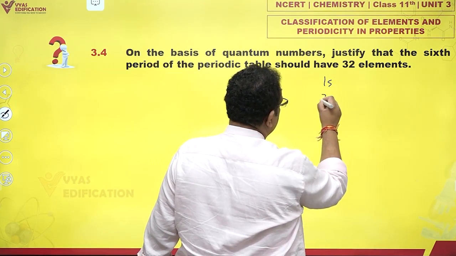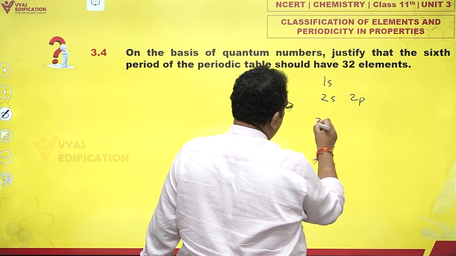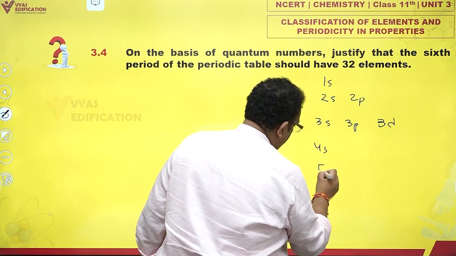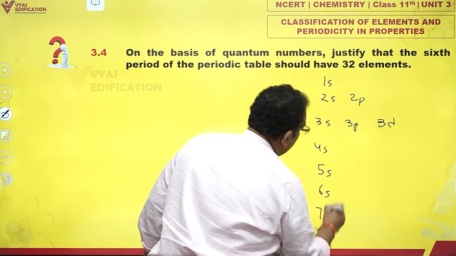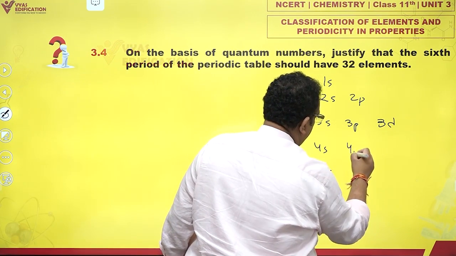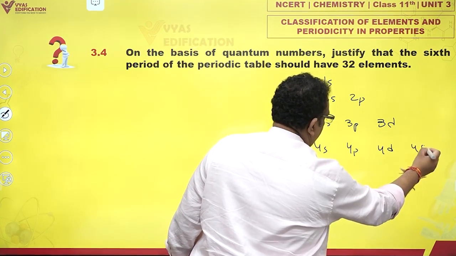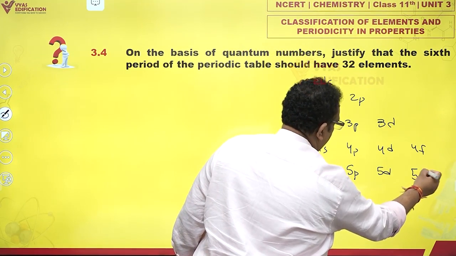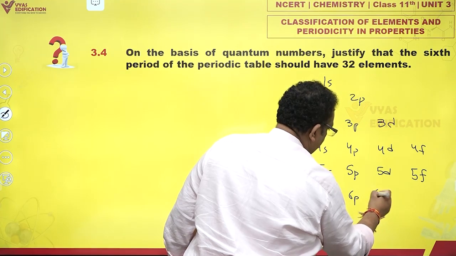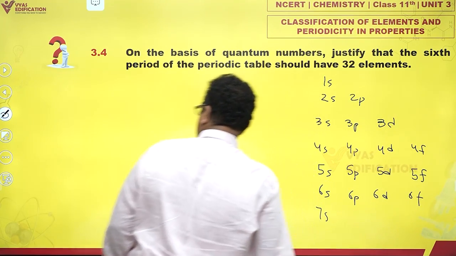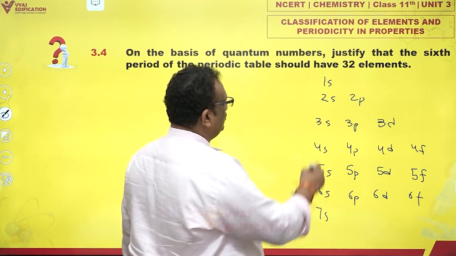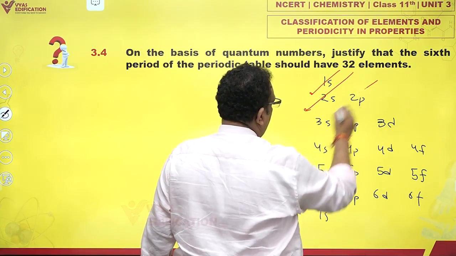You have 1s, 2s, 2p, 3s, etc., etc. It can just go on. I'm just trying to write it down for you so that you can discover this on your own.